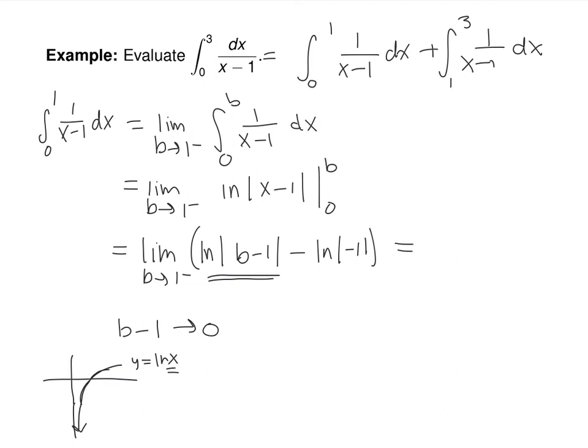So this limit is actually negative infinity, which means the whole integral diverges. If one of the components diverges, the whole thing does, no matter what happens to the other component. So you're done. Had this first one converged, you'd have to also figure out the second portion and then add the results together for the overall integral, unless the second integral diverged, in which case your whole integral also diverges.